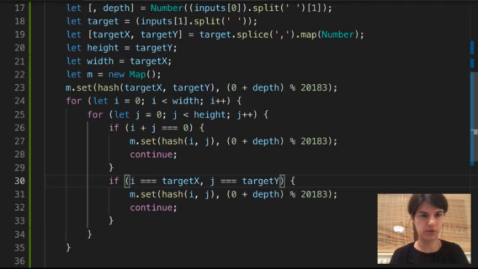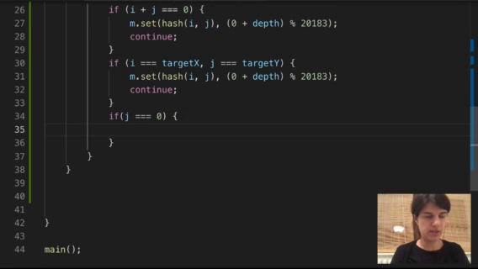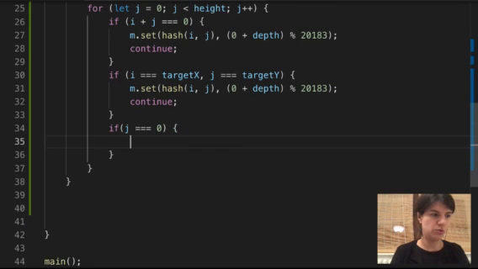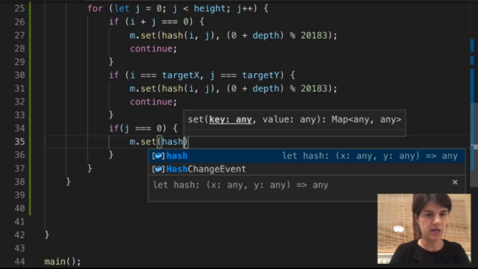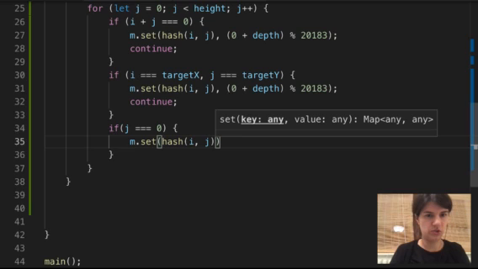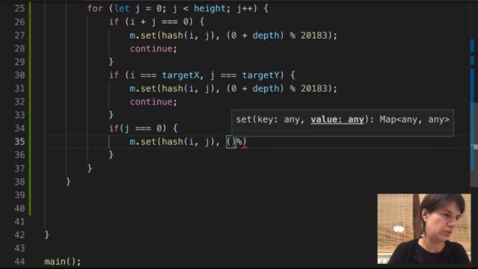Now let me briefly check, the next one is if the Y coordinate is 0. If j is equal to 0, then we are doing m.set hash of i comma j, and we are setting it to i multiplied by 16807.